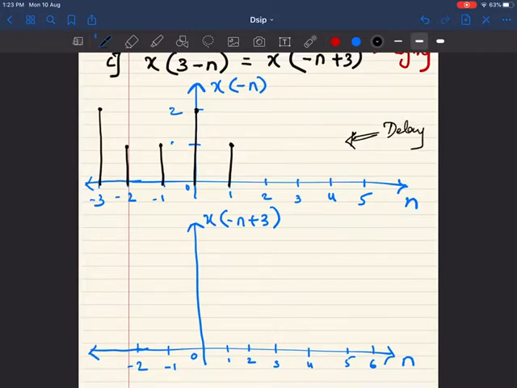This signal is going to get delayed by 3 units. This is the first unit, this is the second unit, this is the third unit. In this case my signal is starting at -3. When it is delayed by 3 units, it is going to start at 0. So this is how the signal is going to look. My final output signal is going to look like this.